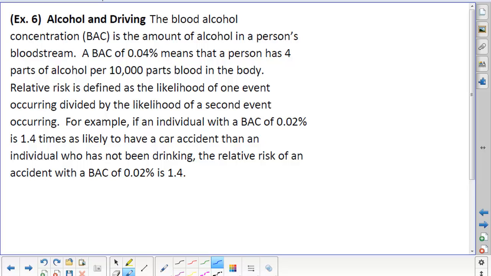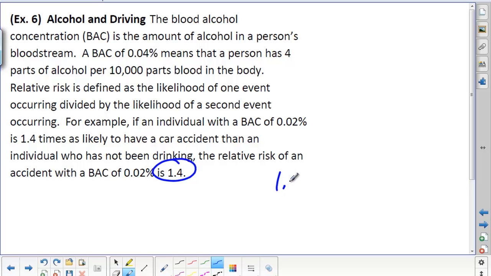A relative risk is defined as the likelihood of one event occurring divided by the likelihood of a second event occurring. So for example, say someone with a blood alcohol concentration of 0.02% is 1.4 times as likely to have a car accident than an individual who's not been drinking, we'd say the relative risk of an accident with a blood alcohol concentration of 0.02% is 1.4.